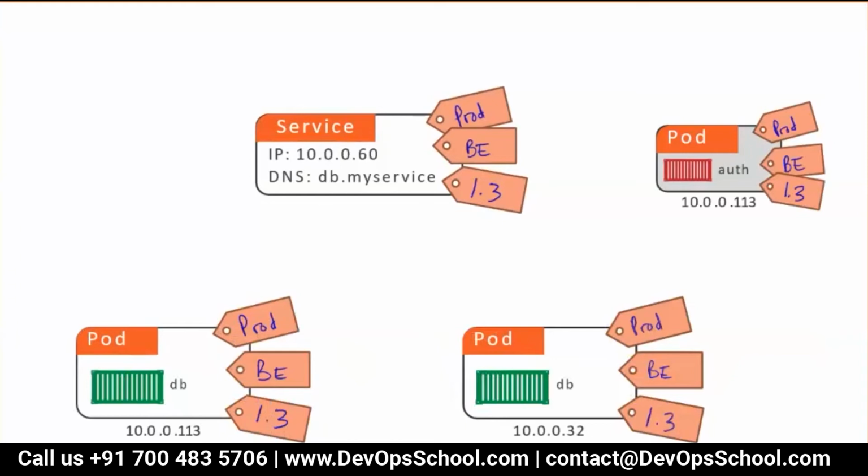Very simple. If the labels of the pod match with the labels of the service, then those pods will be load balanced by the service. That is what happens.